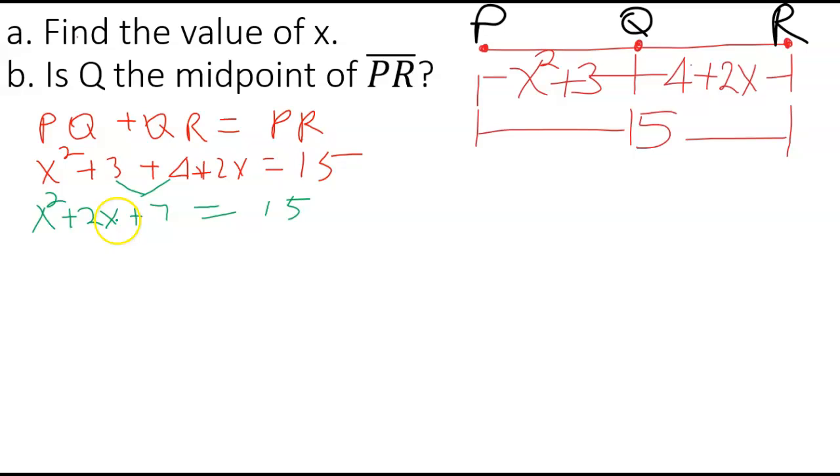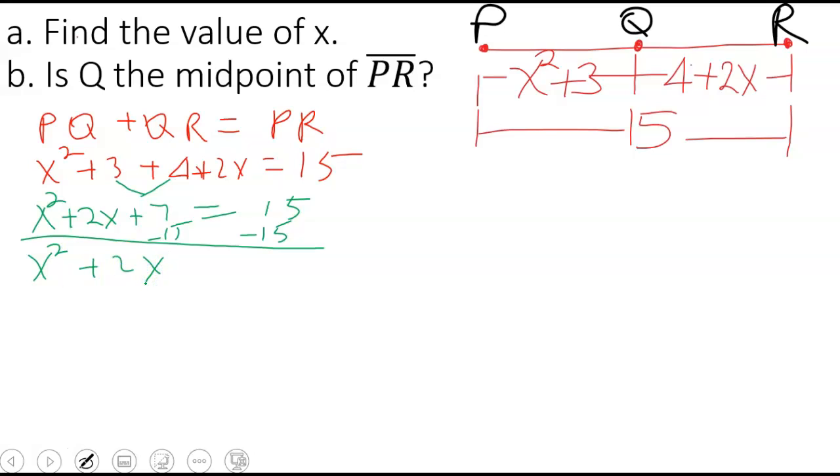So seeing that this equation is quadratic because x is to the power 2, whenever we solve a quadratic, we have to move everything to one side. So therefore, I'm going to subtract 15 from both sides instead of subtracting 7. So x squared plus 2x, then it's going to be 7 minus 15, which is negative 8, equals 0.